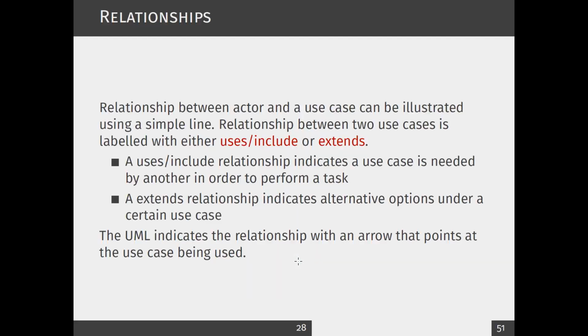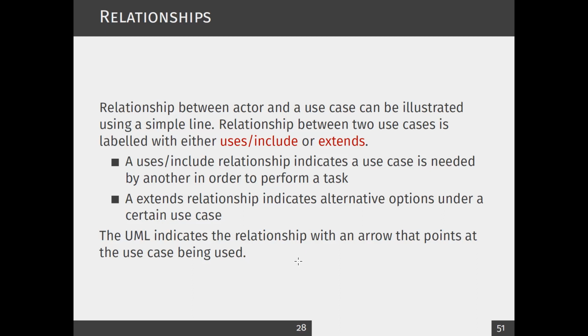Now, when you look at the relationship between these actors and use cases, you can combine them. The relationship between two use cases is labeled with either uses, include, or extends. The uses or include relationship indicates a use case is needed by another in order to perform a task. The extend relationship indicates alternative options under a certain use case.